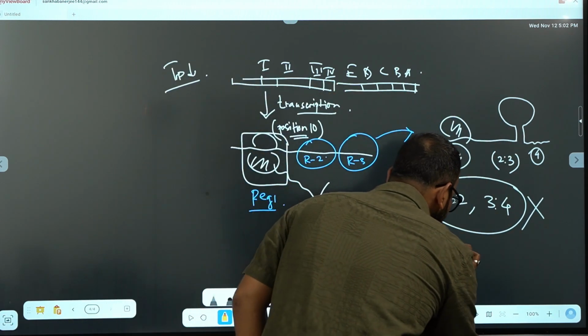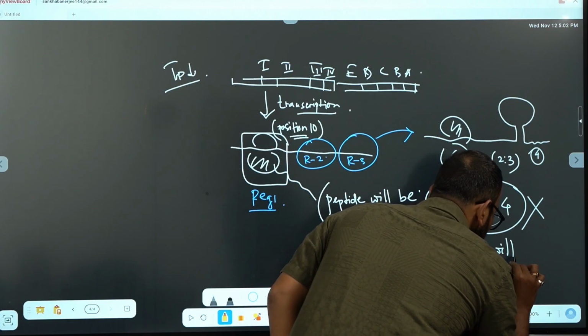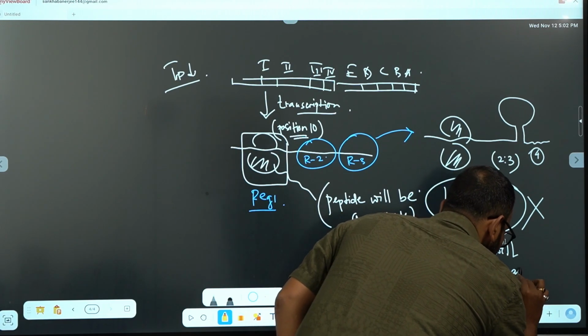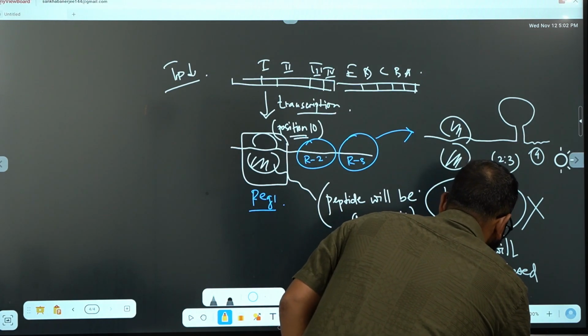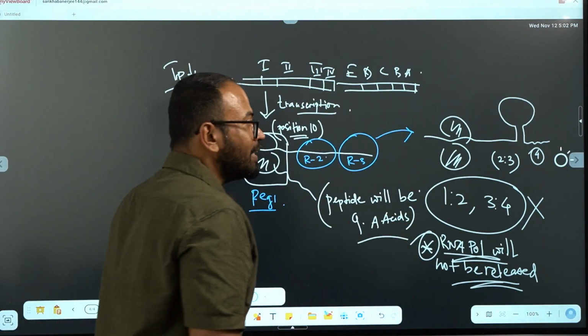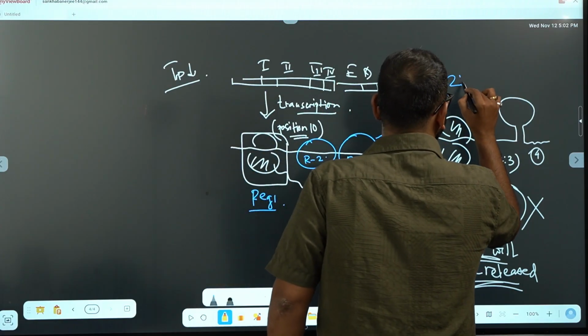That means RNA pol will not be released. Very important point.